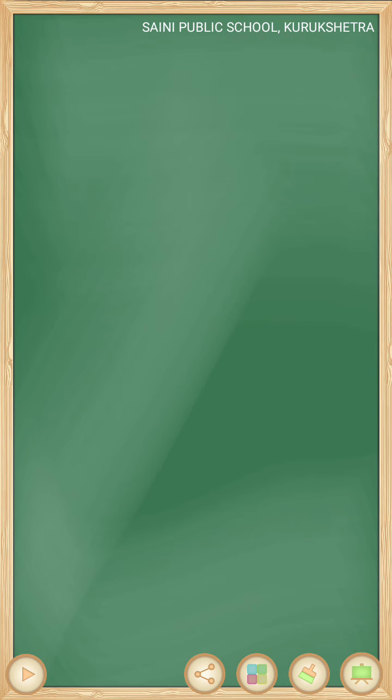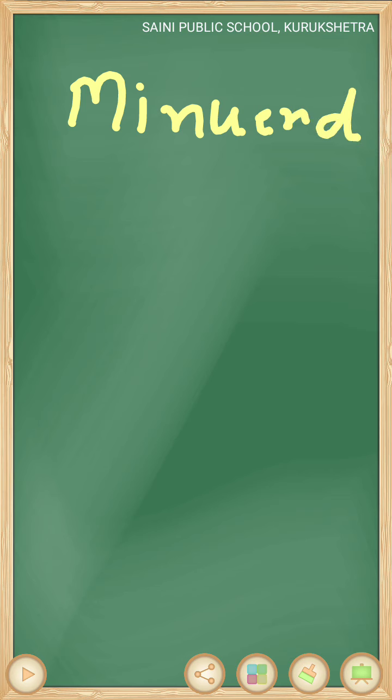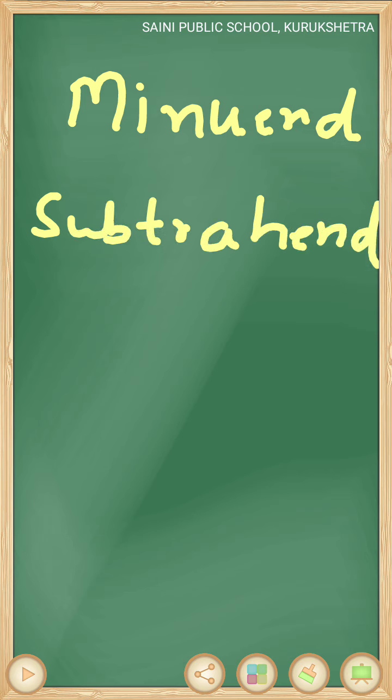Now, do you remember the terms used in subtraction? The number from which a number is subtracted is called minuend. The number that is subtracted is called subtrahend. And the result we get after subtraction is called difference.